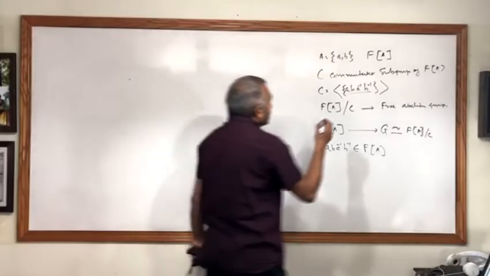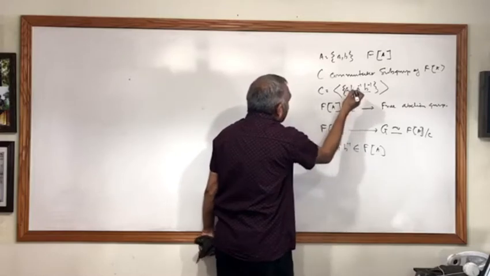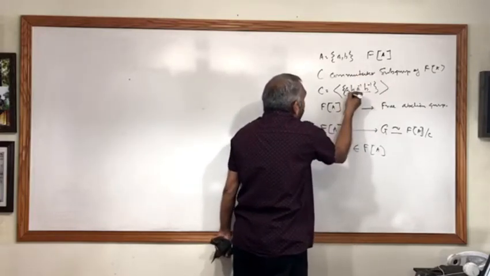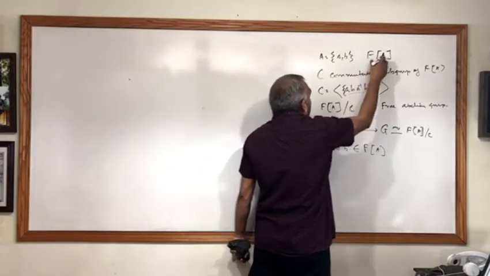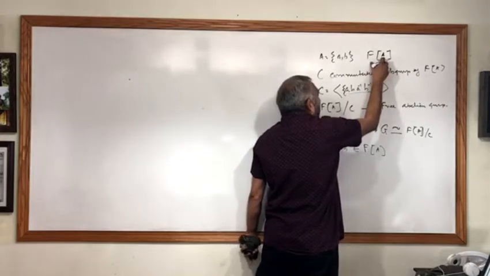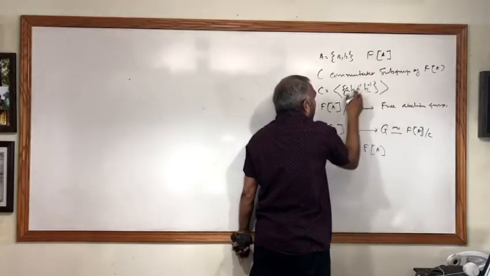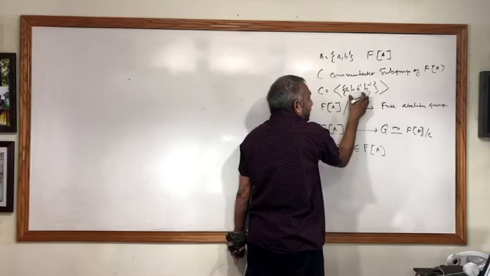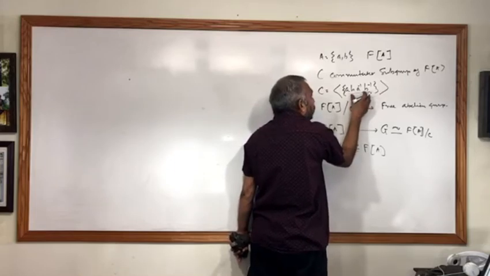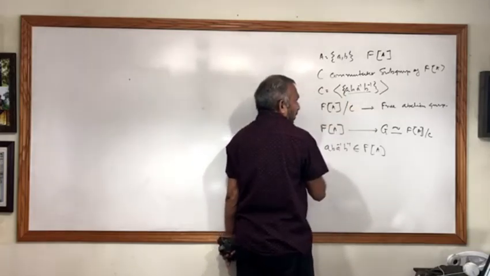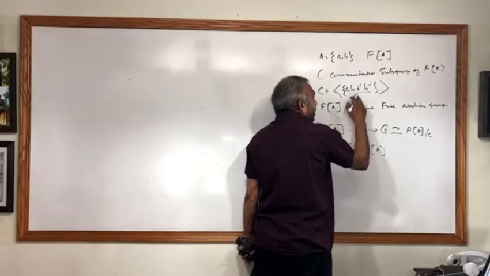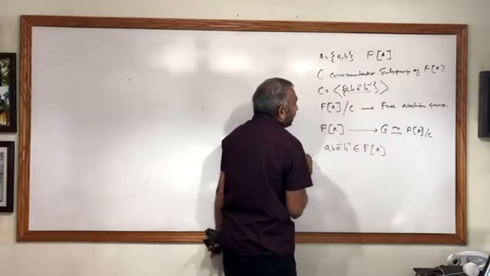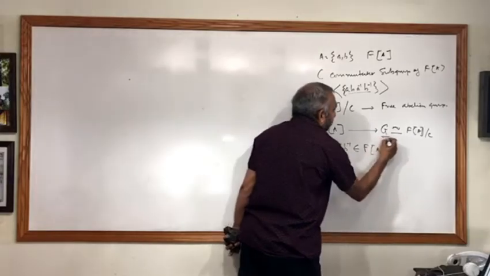So what we are doing here is, wherever you pick up the elements from f of A, and wherever you find a combination like this, replace that with 1. Then we get an element in here.